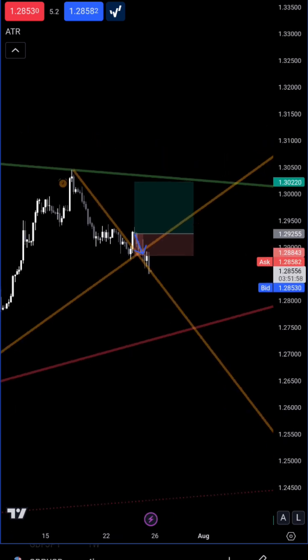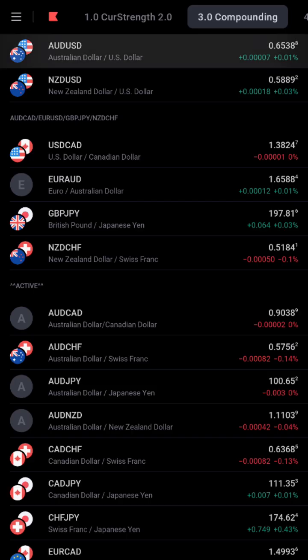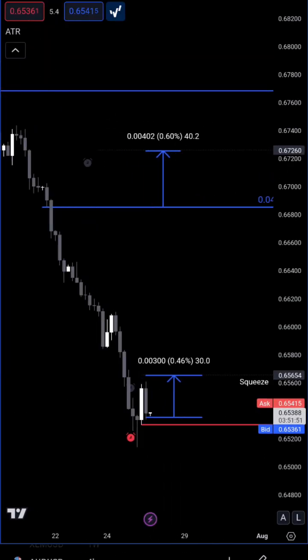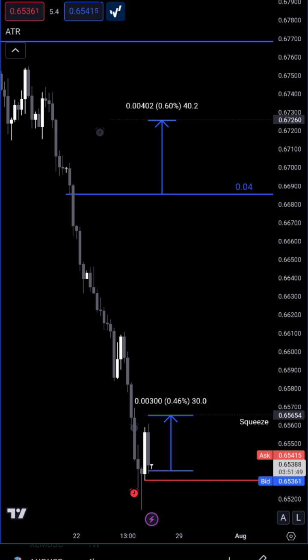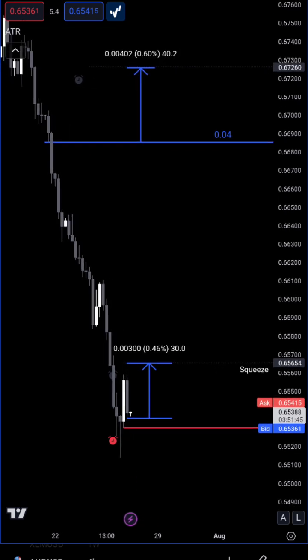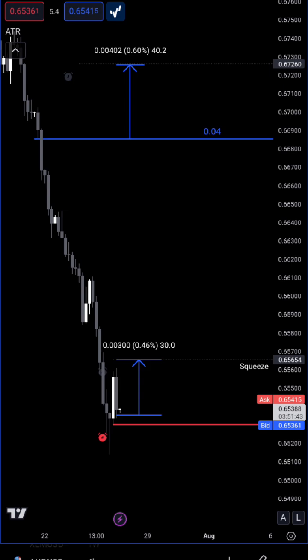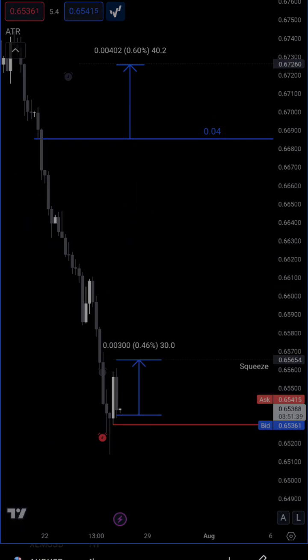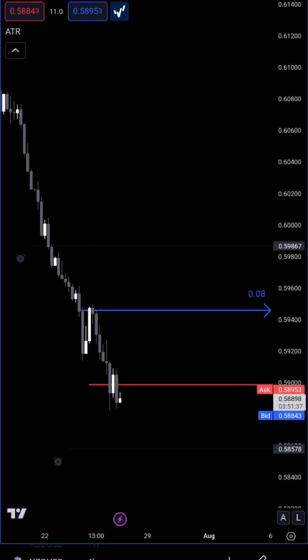But if we look at what's going on up here, still hedged here, nothing really going on here. I'm waiting for price to hopefully come up and then I can squeeze it a little bit. If not, it already has been squeezed. Squeeze! NZD USD was hedged, and now I'm just waiting for that to play out.